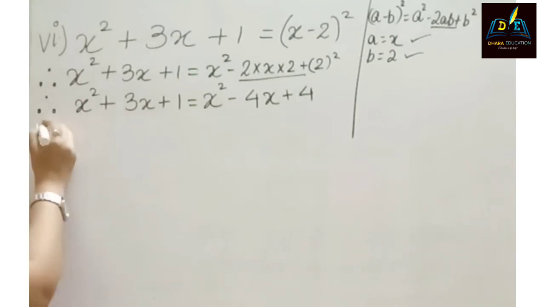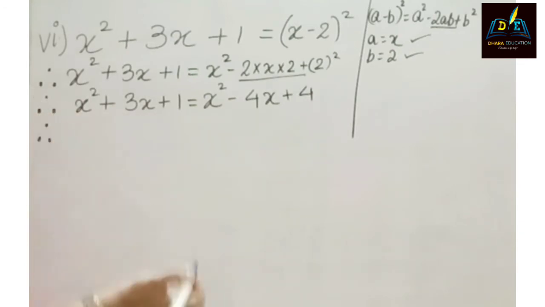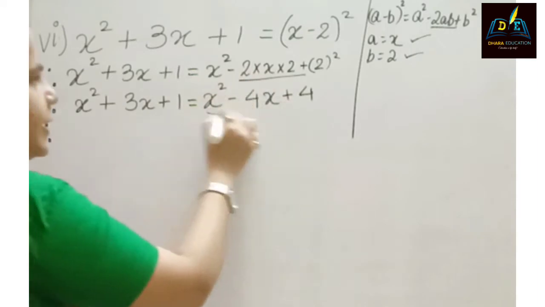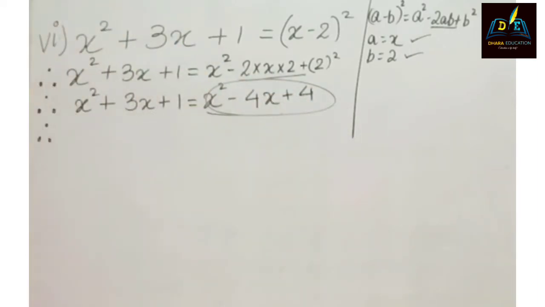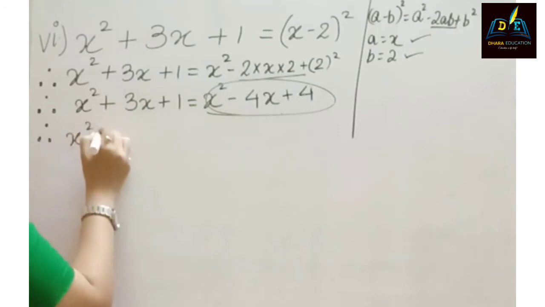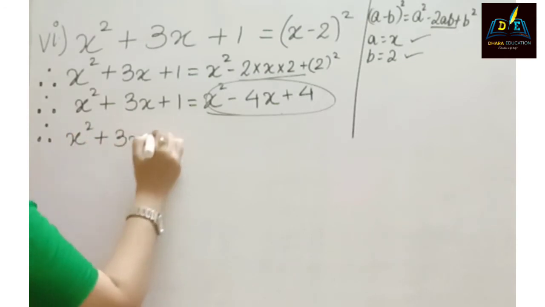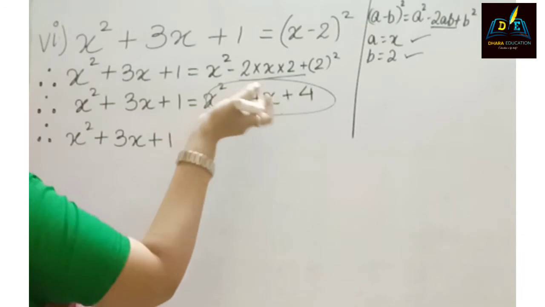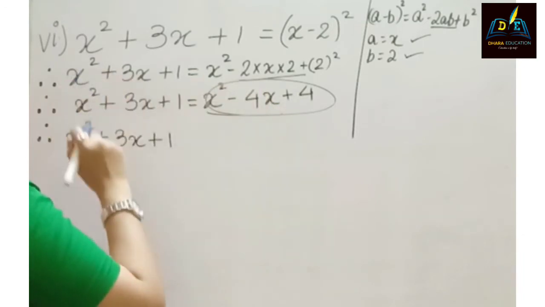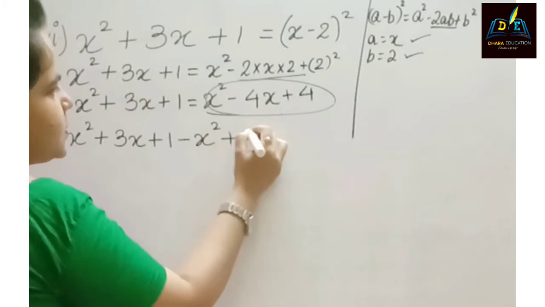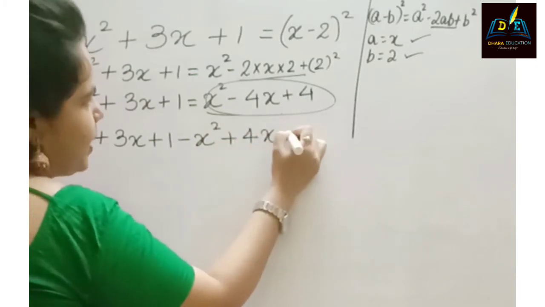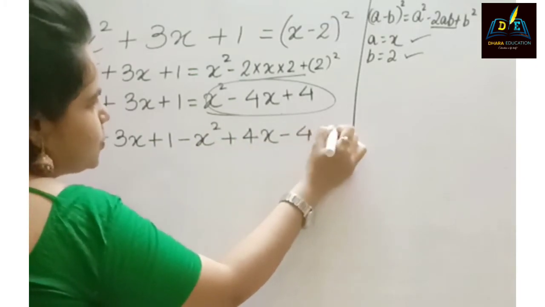Then we take all the terms to the left hand side. So x square plus 3x plus 1, minus x square plus 4x minus 4 is equal to 0.